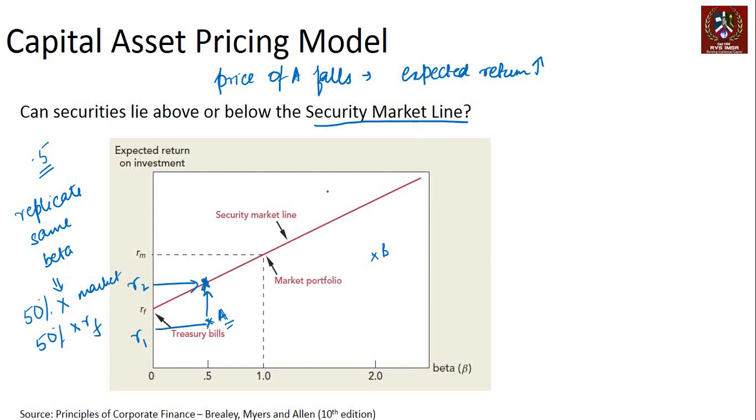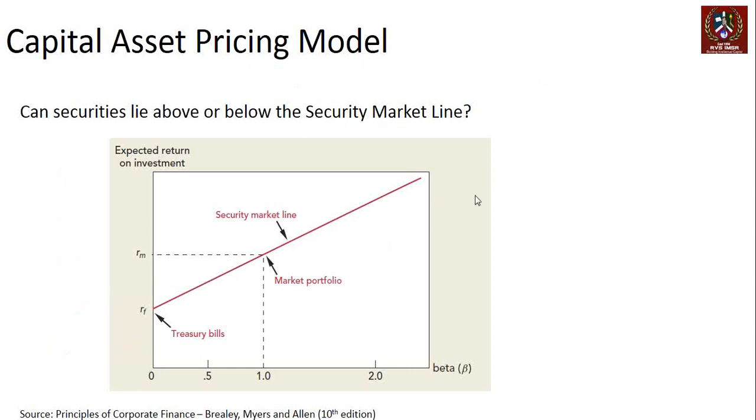It can't be below the SML, right? If it is below the SML, you can create a portfolio of 50% market and 50% risk-free rate, and that will give you a better return profile, creating the same beta, right? Why? 50% into 1 and 50% into 0, correct? That's the first case.